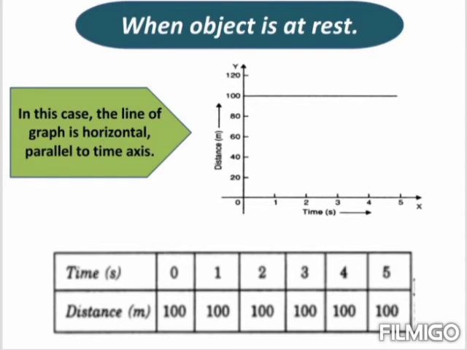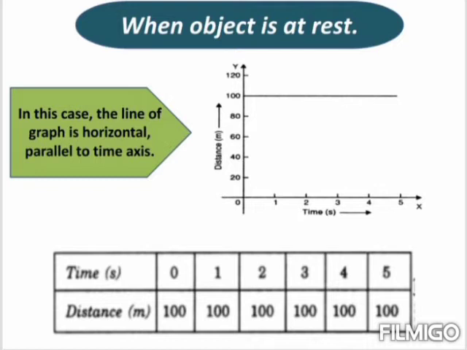So when the object is at rest, the distance moved by the object with time is 0. It means there is no motion. Thus, a horizontal line parallel to the time axis, or the x-axis, on a distance time graph shows that the speed of the object is 0.